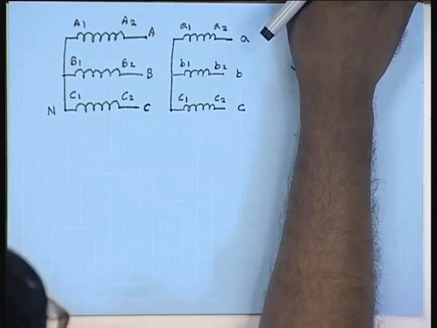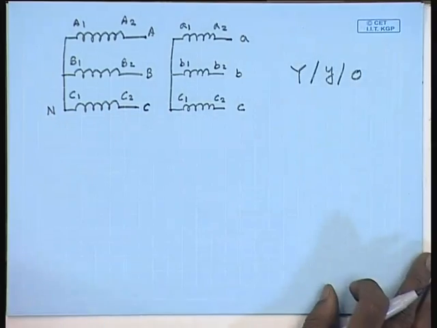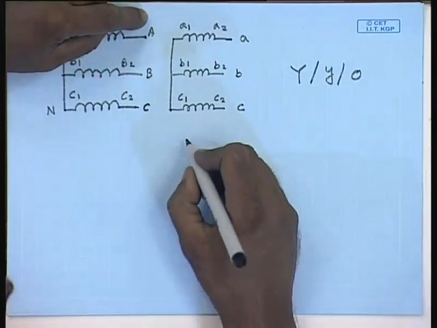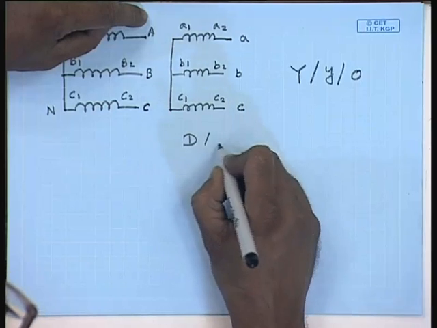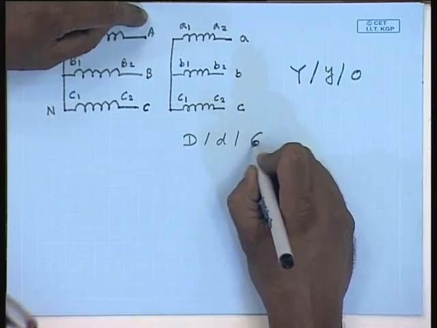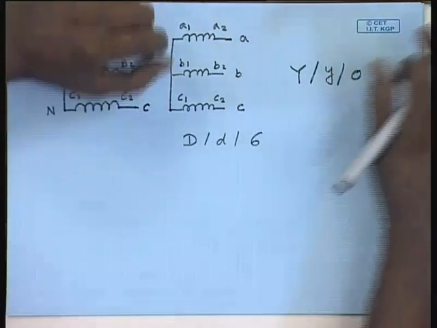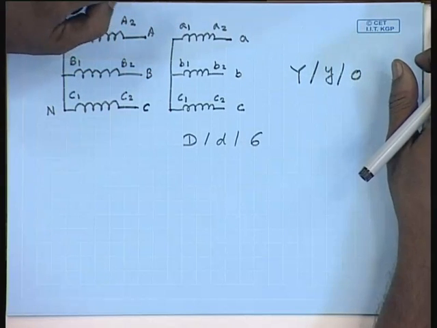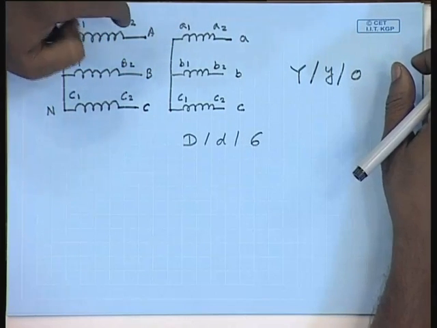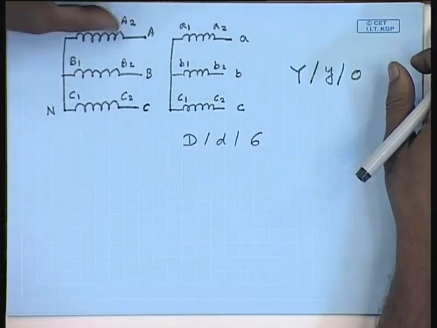Next, let us try to do the same thing with a 6 connection. Let us say DD6. What does DD6 mean? That is, the line to neutral phasor of high voltage side and low voltage side should be in phase opposition.